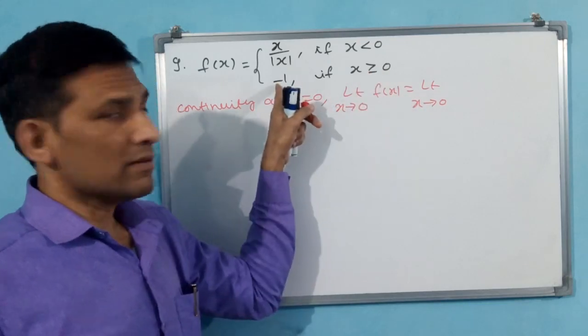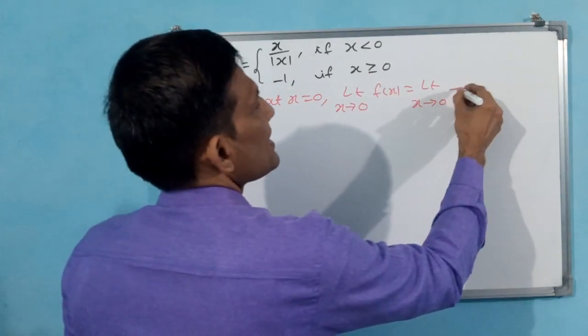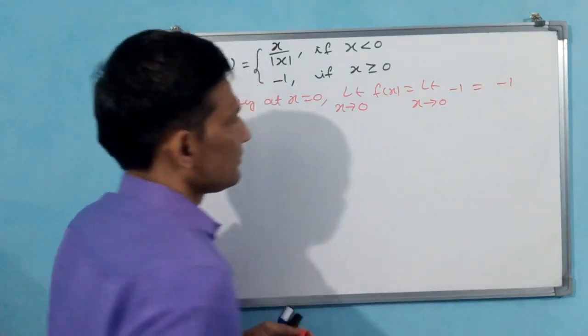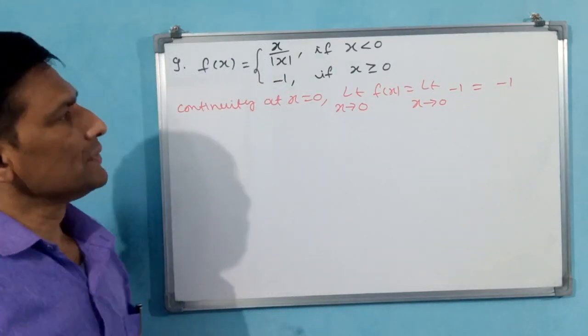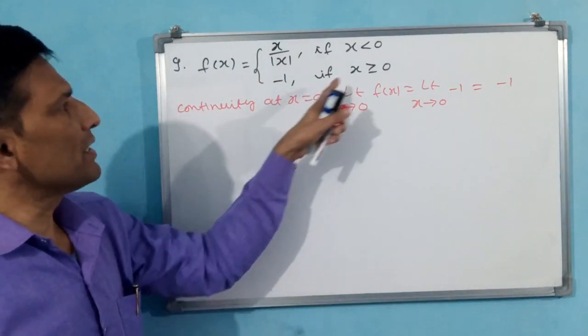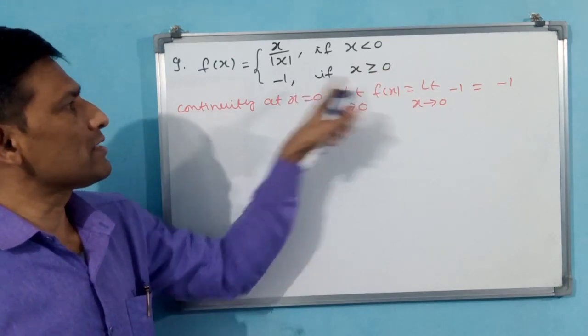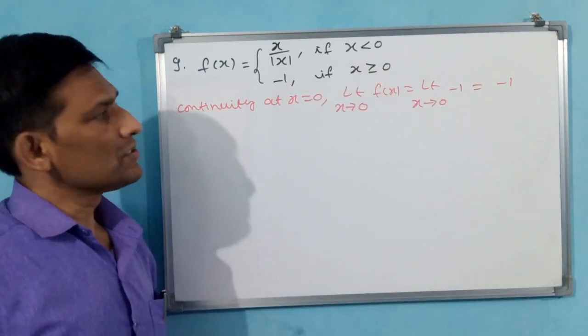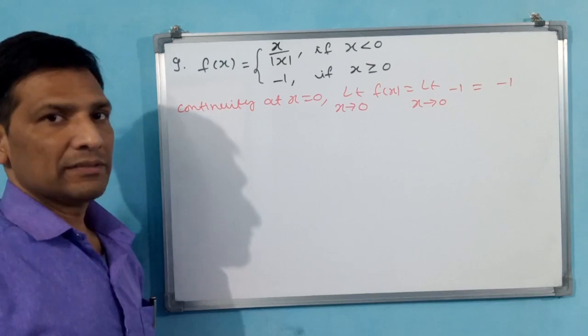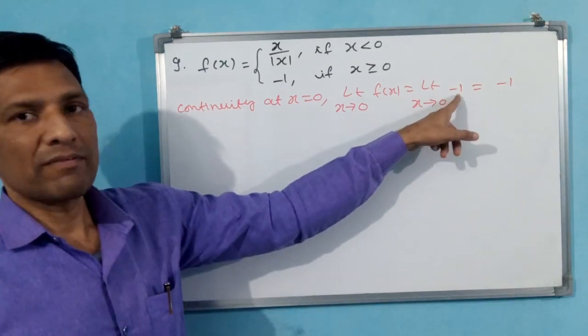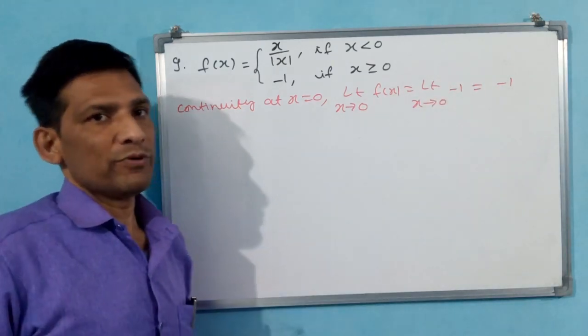Equal to 0 is what? Minus 1. Then you write minus 1. That is equal to minus 1. Is it okay? Definitely okay. Why? Because when x is equal to 0, then minus 1 only you have to take. That's all. Scalar function like constant function. Limit doesn't matter for scalar function.